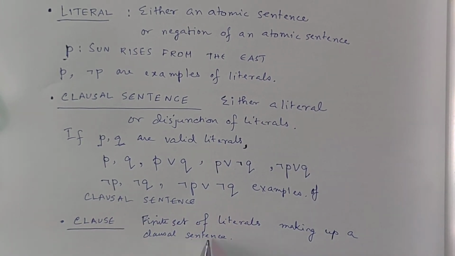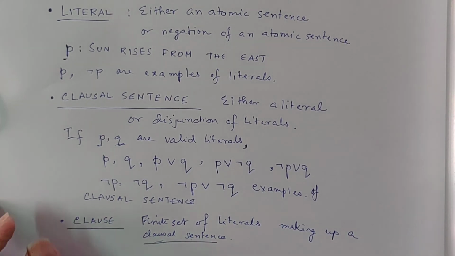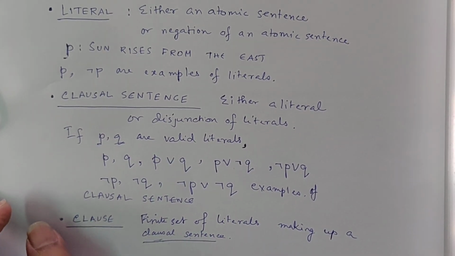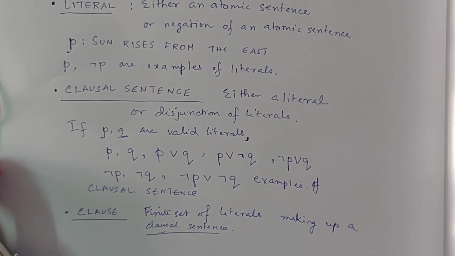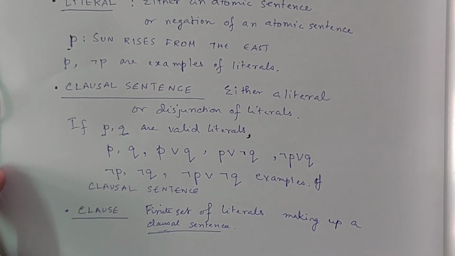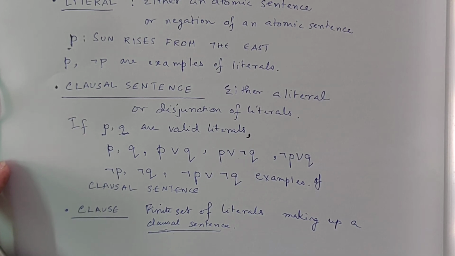You take up a clausal sentence and you find what are the literals constituted within that clausal sentence, and you make a set out of them. That set is called the clause.